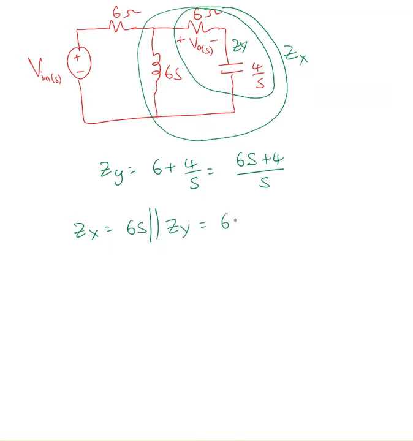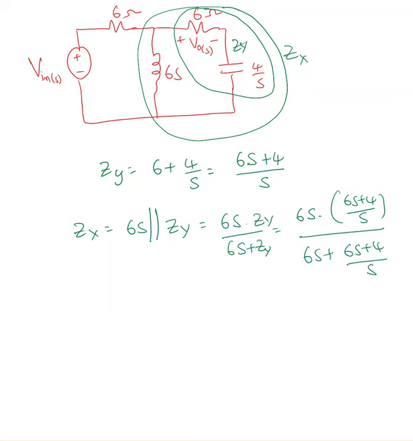So 6s times ZY over 6s plus ZY. If I substitute ZY, 6s times (6s plus 4 over s) over 6s plus (6s plus 4 over s). In the denominator, I'm going to find the LCM, which is going to be 6s square plus 6s plus 4.